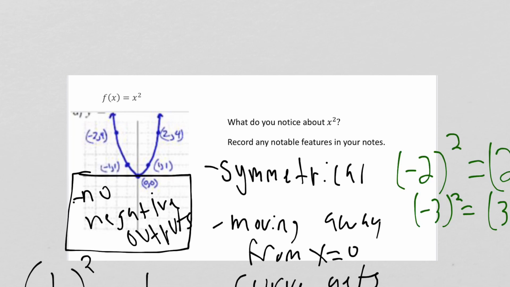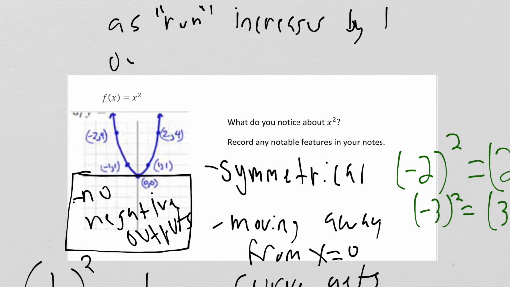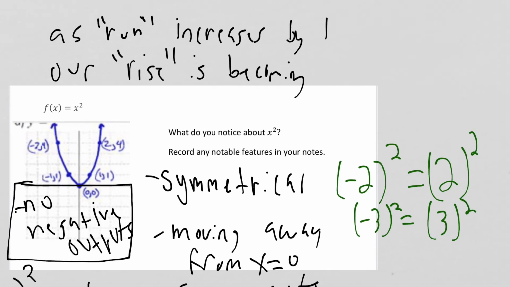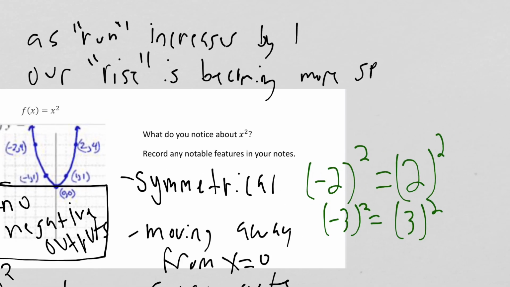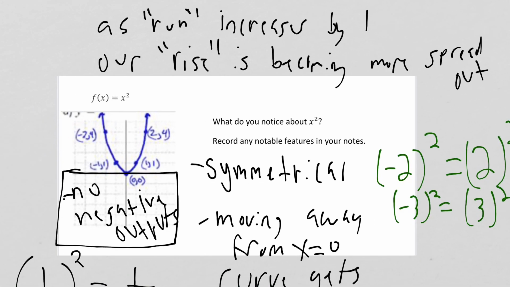So what we should write here is, as run, quote unquote, for inputs increases by 1, our rise, quote unquote, is becoming more spread out. And you can see then as we make our rise become more spread out, you can see how that would make a more steep function like x squared is becoming.